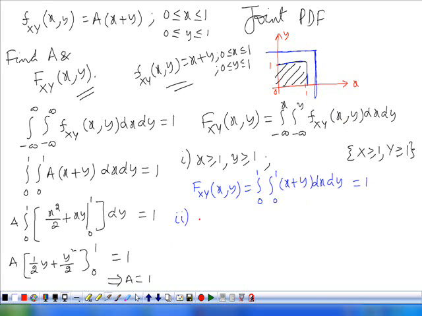Now consider the second case. Let x be greater than or equivalent to 1, but y is lying in between 0 and 1. Y can take any value between 0 and 1, but x is greater than or equivalent to 1.